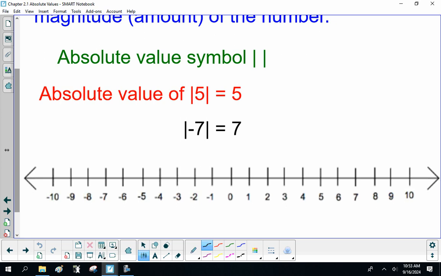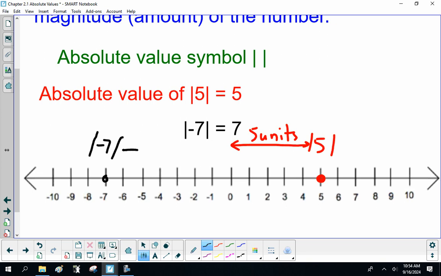The absolute value of 5 is 5 because you are 5 units, 5 inches, 5 centimeters, 5 miles, 5 chains from the origin. The absolute value of minus 7 is 7 units, or it's just 7 because I haven't told you what units we're dealing with here.